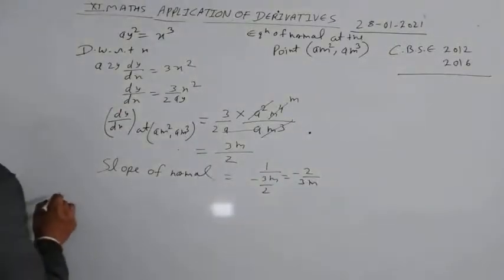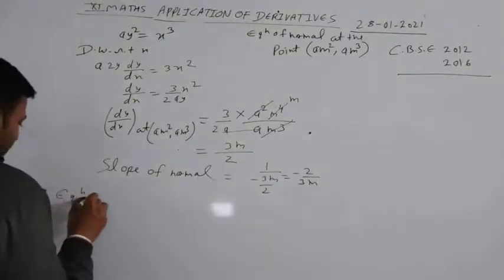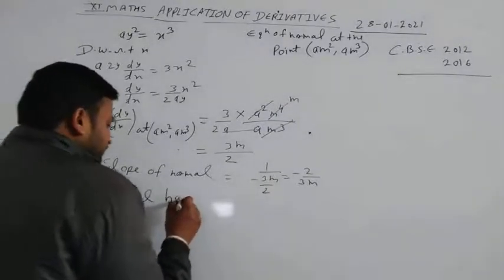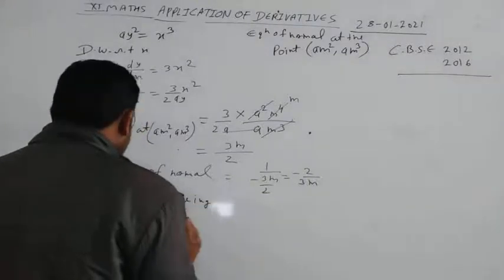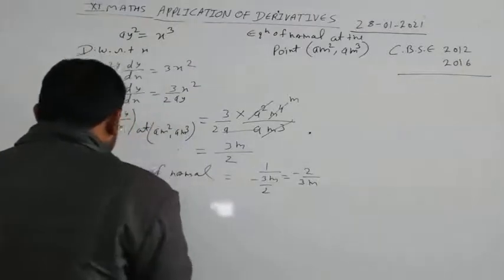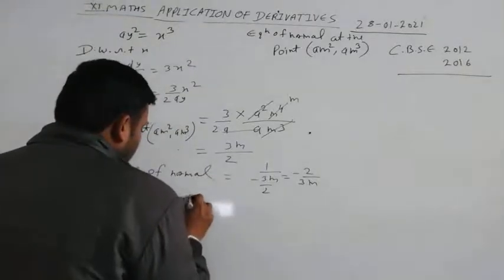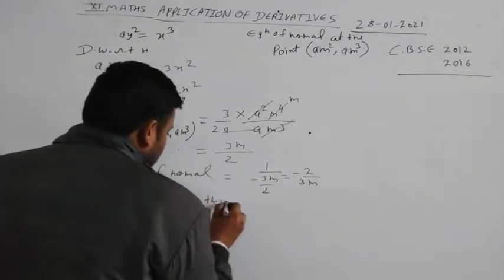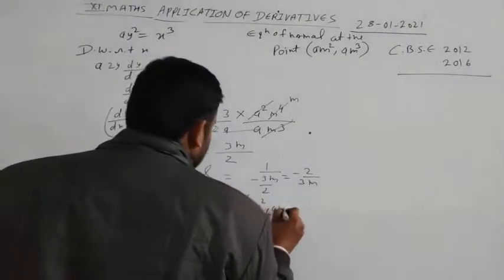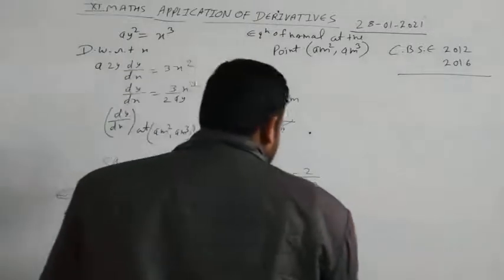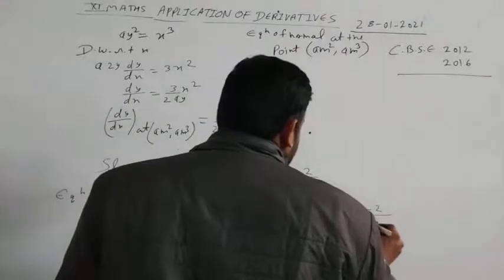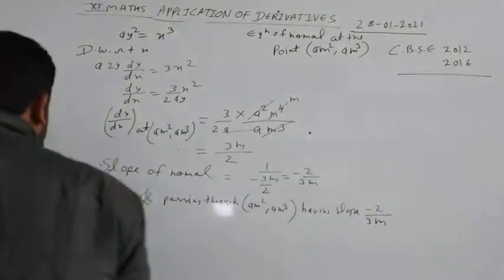Now we have to find the equation of normal passing through the point (am², am³) having slope -2/3m.